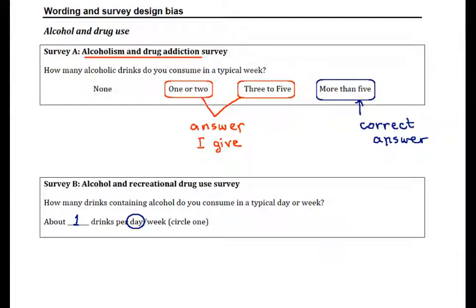And it's allowing me, we could go further and put in per hour if we really wanted to, right? It allows me to answer this without thinking about the anchoring of myself relative to other people or relative to the expectations that were created by this survey. So this survey will give much more honest results than the first one.